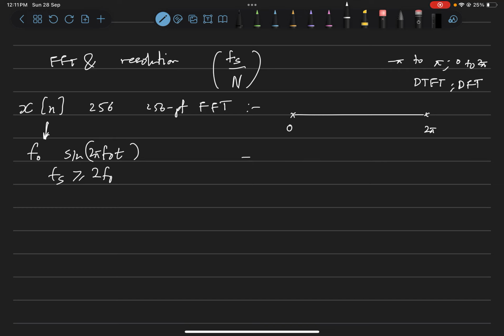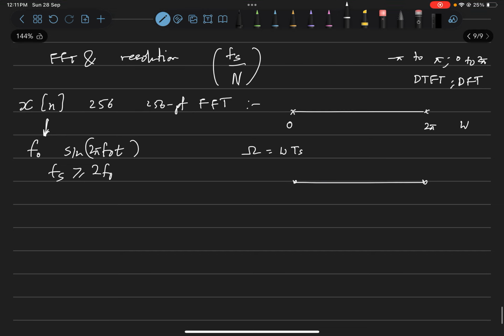Now we have a relation between the digital frequency and the analog frequency as follows. The analog frequency equals the digital frequency times the sample time. If this varies from 0 to 2 pi, this is the digital frequency omega, in radians per second.